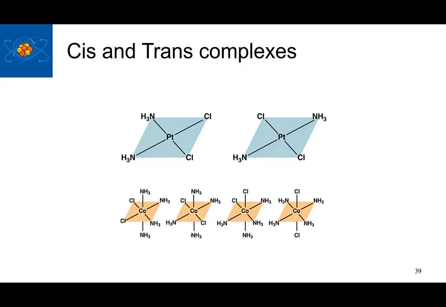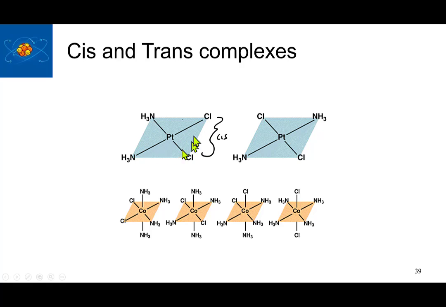So here's a platinum complex ion, square planar arrangement. And this is what we mean by cis. They're on the same side of the platinum atom, and this one is trans. And what you'll notice is the cis-trans isomers, the different arrangements, actually cause them to be chemically different. That is, their physical properties will be very different.